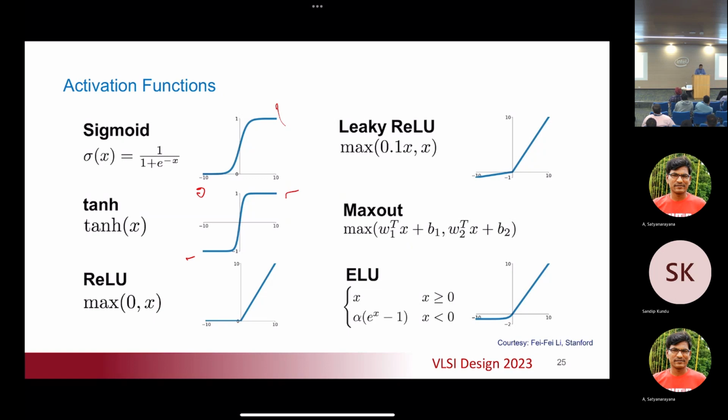But all of these activation functions had certain limitations when applied in practice. I'm not going to go into those limitations, but basically the problem was with the backpropagation. The learning rate was very low for these kinds of functions.